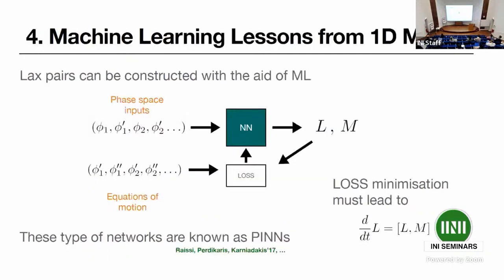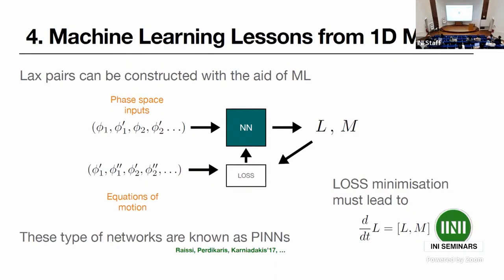So basically, what we want to achieve here is the construction of Lax pairs aided by AI, by neural networks. And the type of models that we are considering basically fall into a category of what's essentially known as PINNs, or physics-informed neural networks.